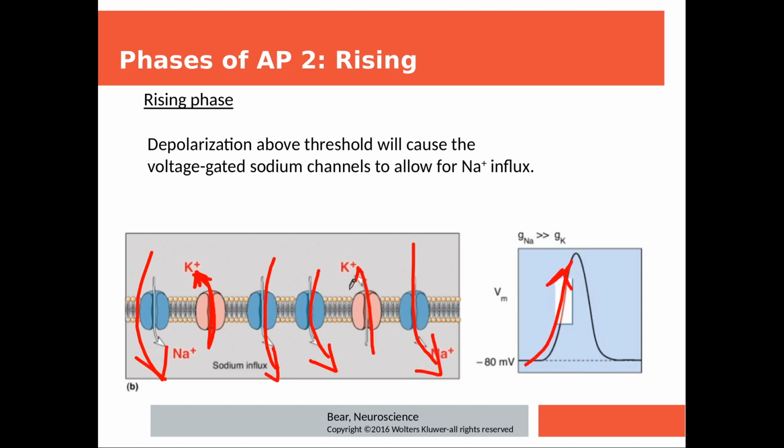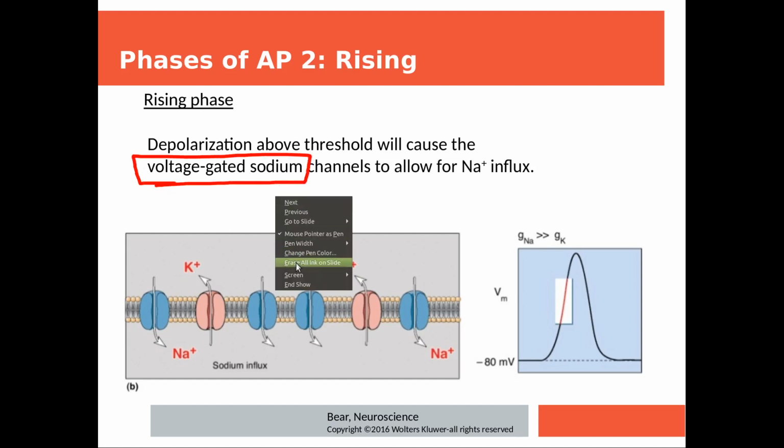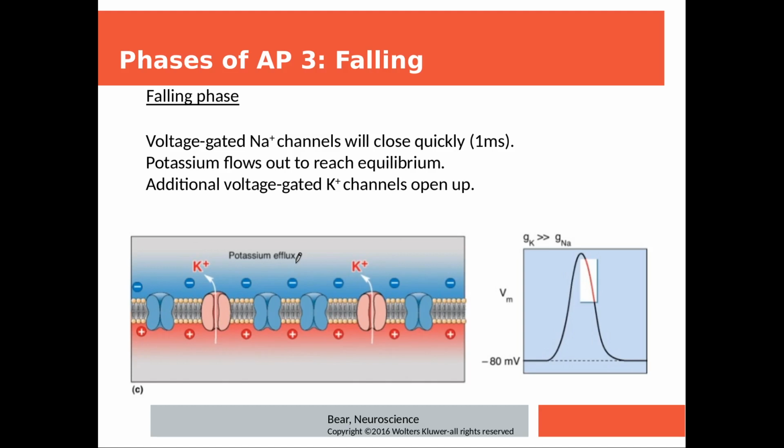If 2 potassiums leave for every 4 sodiums that come in, then you gain voltage inside the cell. And this is because of voltage-gated sodium channels, which I will explain later. First, I'm going to go over the rest of the phases.